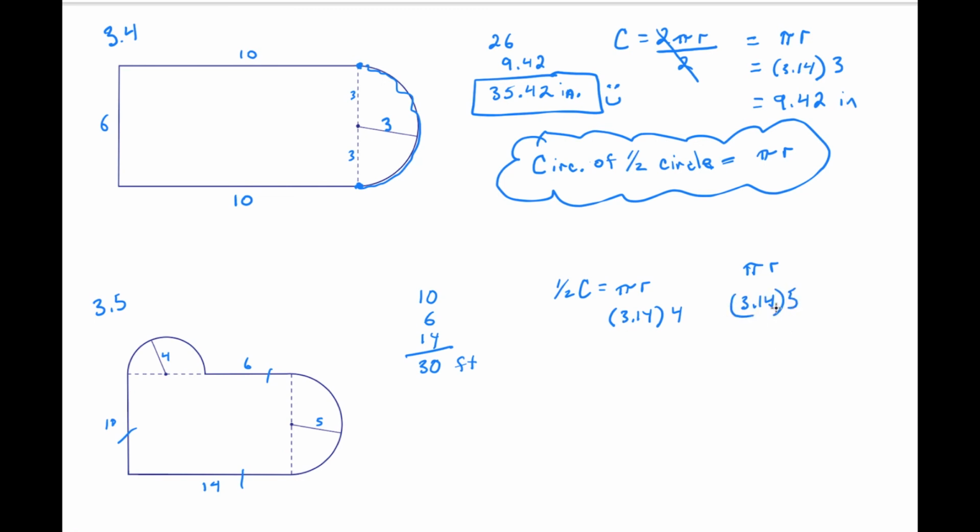So those are our 2 half circles that we have to figure out. Okay, and so this one, when we do the math, ends up being 12.56 feet. And when we multiply these two, we get 15.7 feet.